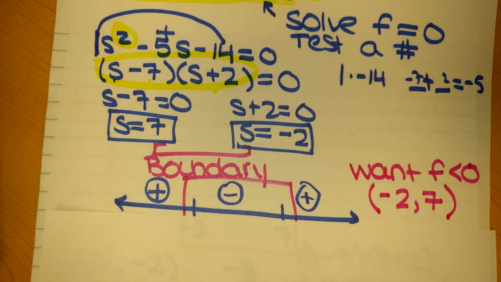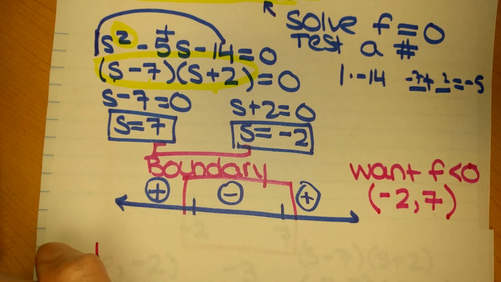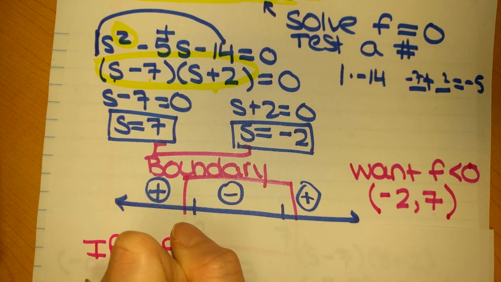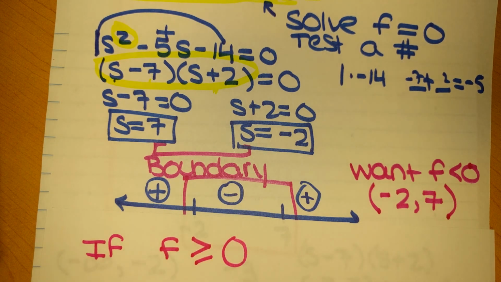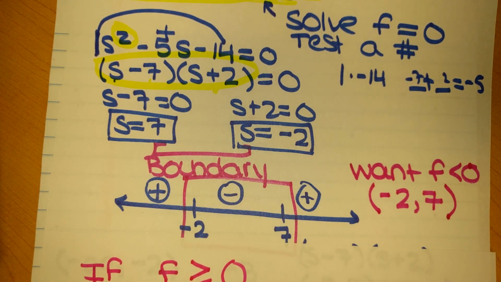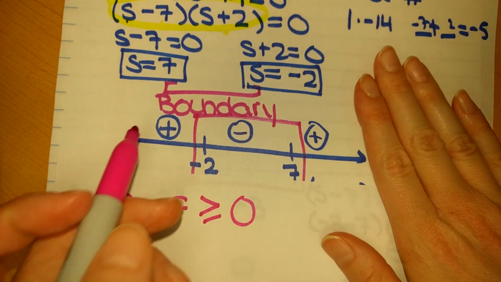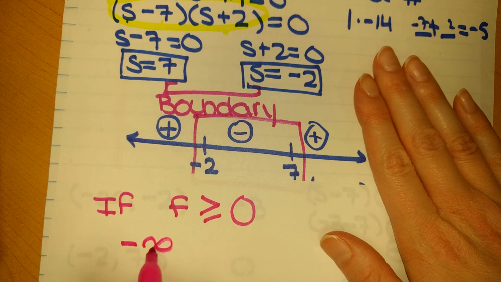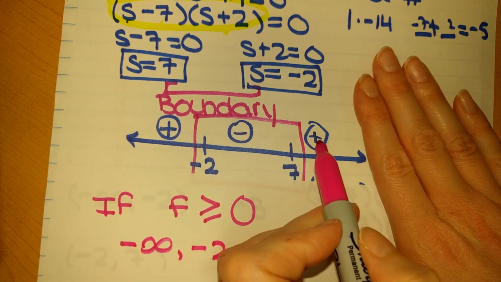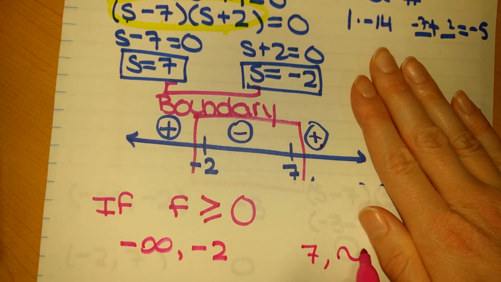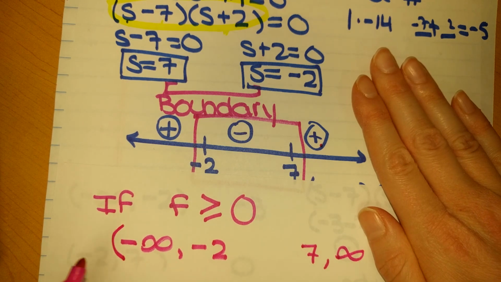And I just want to point out, this is not the question that was given here, but if, let's say, the question had been f greater than or equal to 0, then you would do the same process, but when you get to your boundary, you would say, okay, it's positive from negative infinity to negative 2, and it's also positive from 7 to infinity. Now your infinities are non-negotiable.